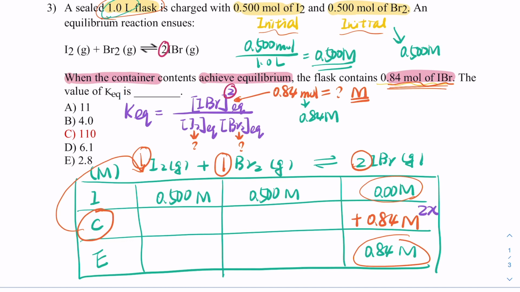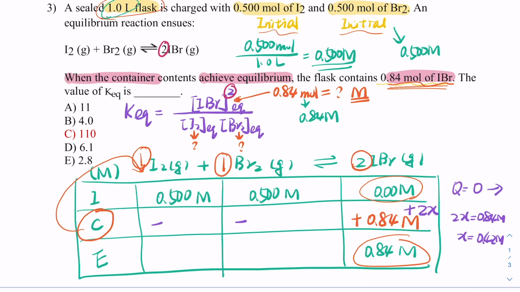The other thing you could already predict for this particular reaction is you have reactants and 0 products, which gives you Q equal to 0. So the reaction goes in the forward direction, so the products will be positive and the reactants will be negative. If 2x equals 0.84 molar, then x will be 0.42.